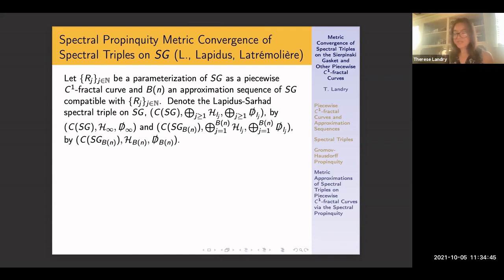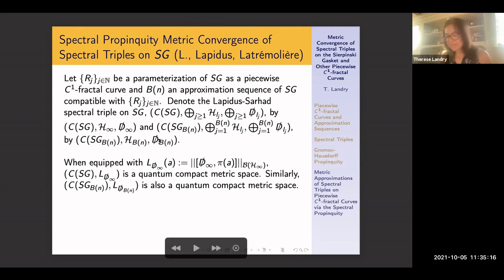We want to compare this spectral triple with a spectral triple that is a direct sum of a finite subset of spectral triples, each determined by our approximation sequence. The approximation sequence tells us up to which particular parametrized curve to take our union to define an approximation space. Both spectral triples can be shown to be metric spectral triples, so they are appropriately in our space.